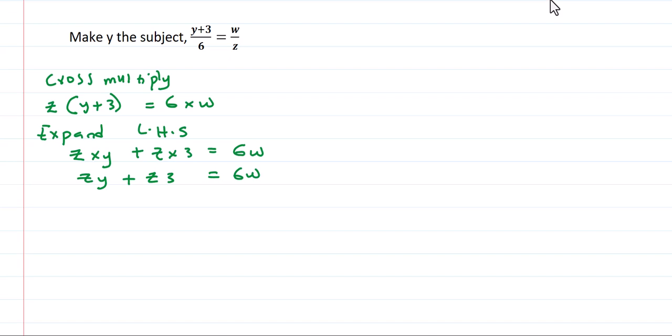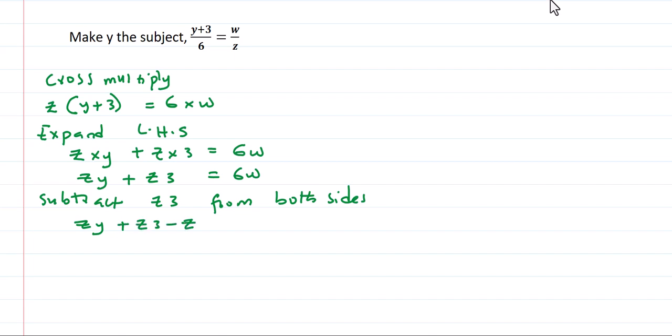Okay, we are to solve for y, right? And what is connecting y with this other value is a plus, so we'll check for the negative. So let's subtract z3, or you can say 3z, from both sides. So we'll have zy plus z3 minus z3 is equal to 6w minus z3.